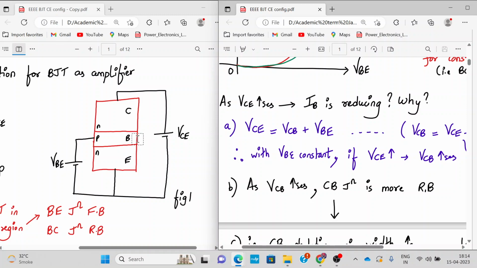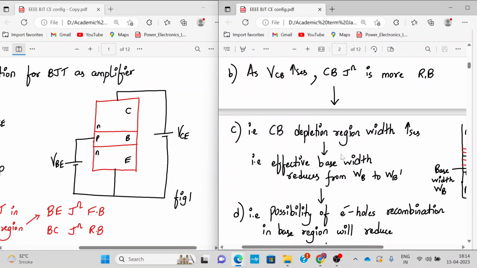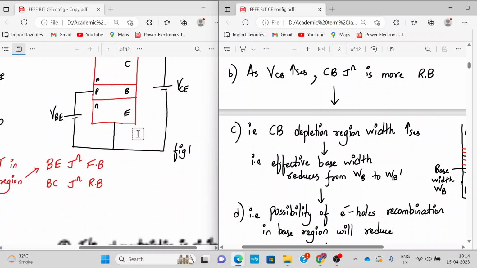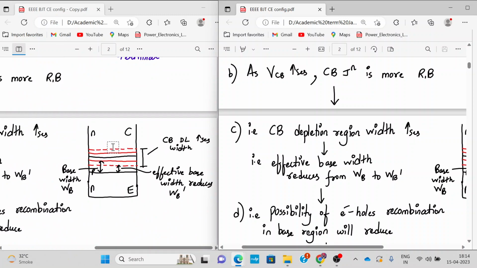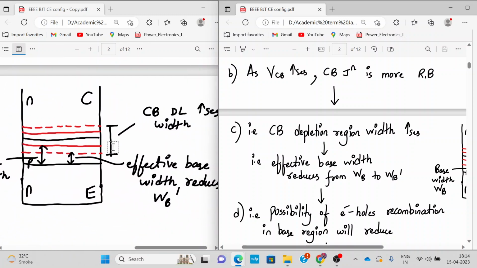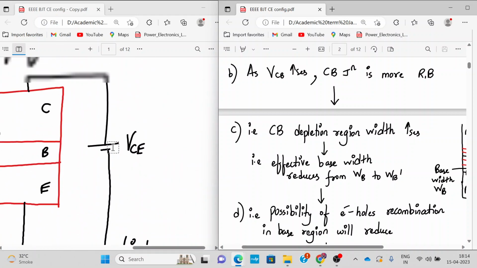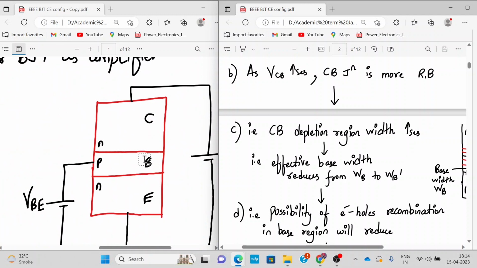So as my collector-base voltage increases, your collector-base junction becomes more reverse biased. As you can see, this is my collector-base junction. It becoming more reverse biased means its depletion region width will increase.